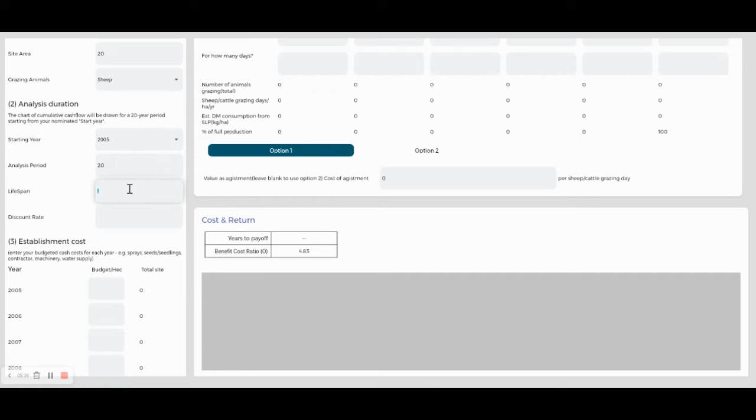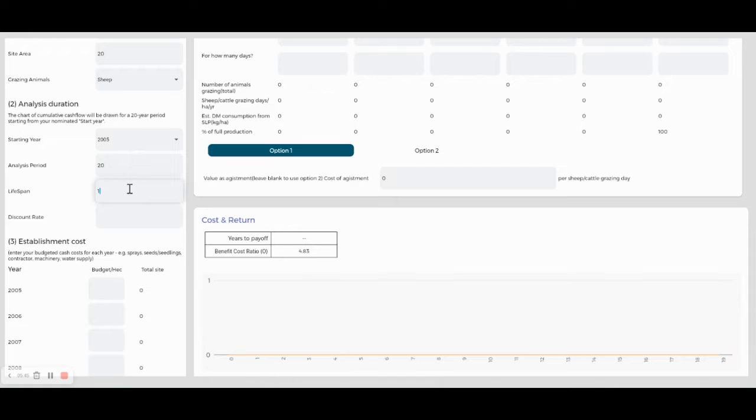So how often do you need to incur the costs of re-establishing? And for our case study farm, we're going to work with a 15-year lifespan. So that's saying that every 15 years, the productivity of the plants that you've established will have diminished, and it's worthwhile re-establishing.